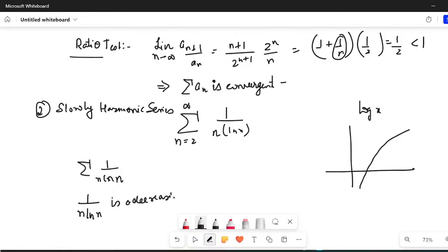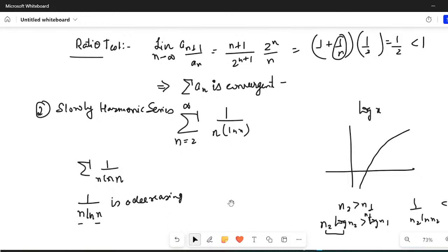Because I know that if n2 is greater than n1, then log of n2 is greater than log of n1, and if I multiply n2 here and n1 here, clearly this part would be greater than this part, and 1 upon n2 ln n2 will be less than 1 upon n1 ln n1. So clearly this sequence 1 upon n into ln n is a decreasing sequence.